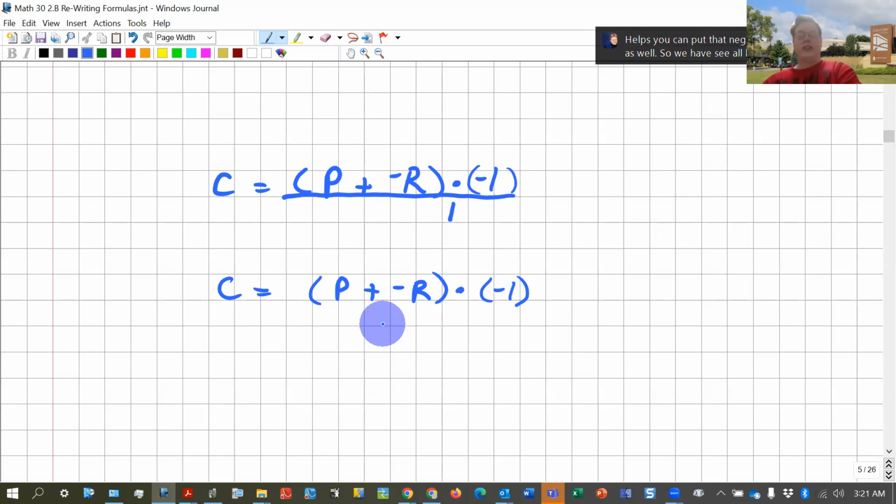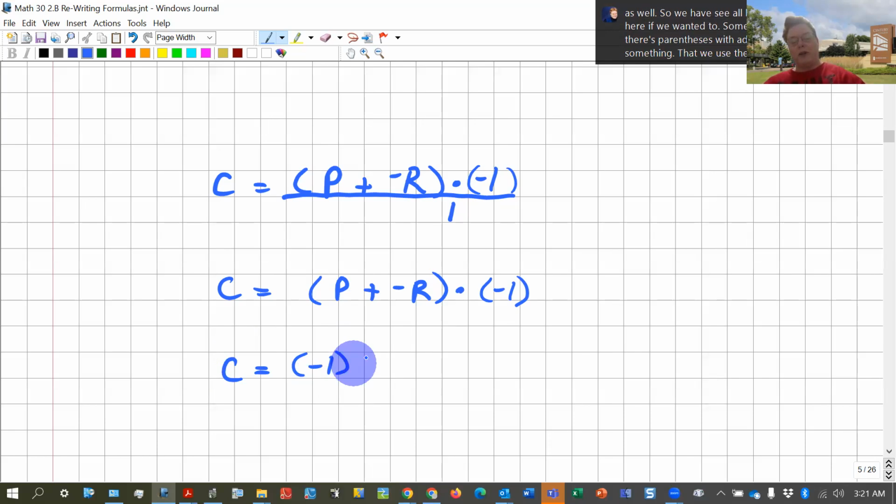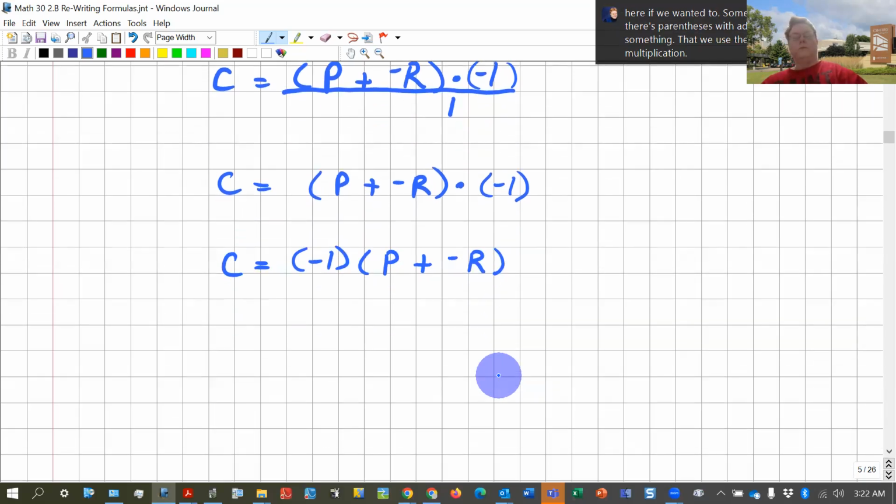We could actually stop here if we wanted to. Some people prefer that when there's parentheses with addition being multiplied by something, that we use the commutative property of multiplication to put that multiplier out in front.